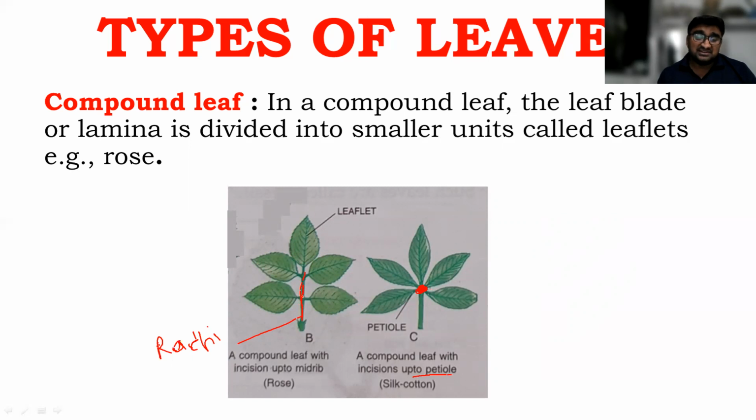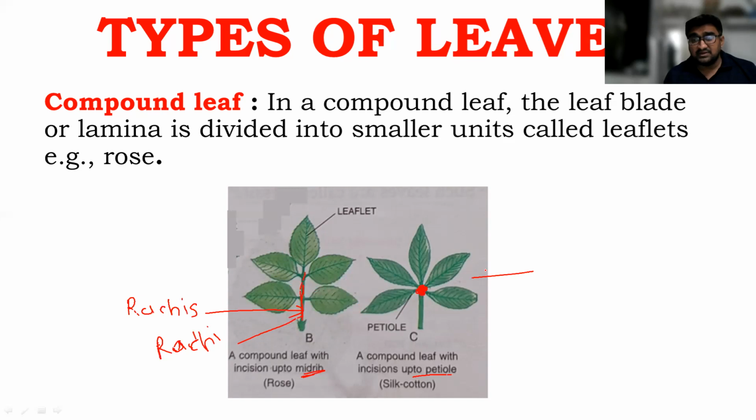While when the marginal incision reaches only up to the midrib, in that case the different leaflets are attached along the central axis, that is known as a rachis. I'm again going to note down that rachis here. So this is a rachis, and this type of leaves have one common point.